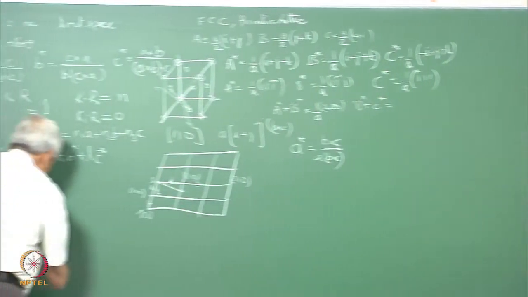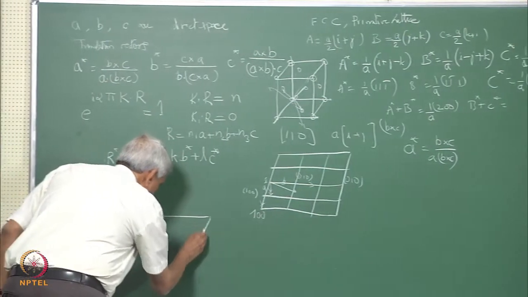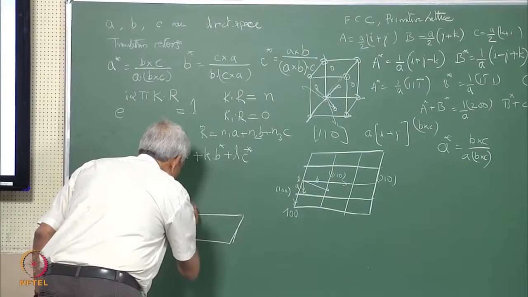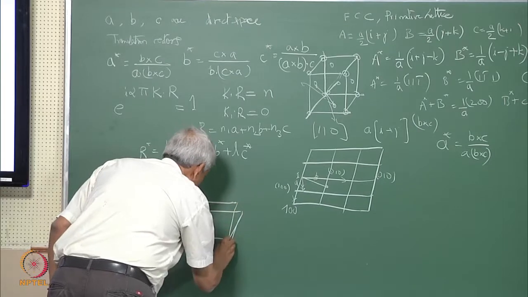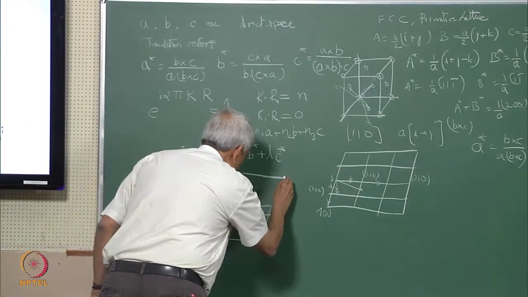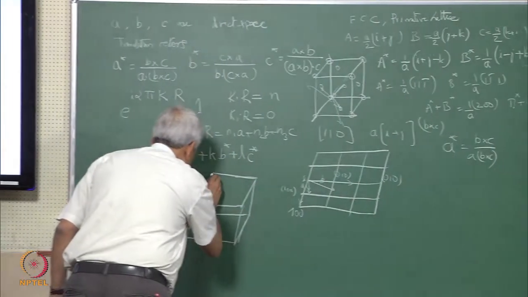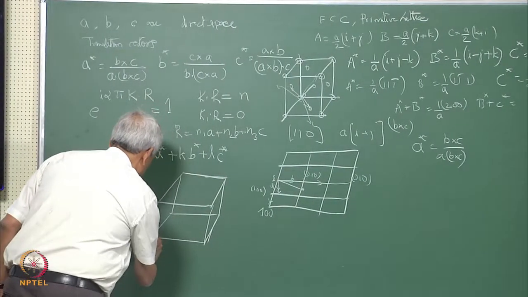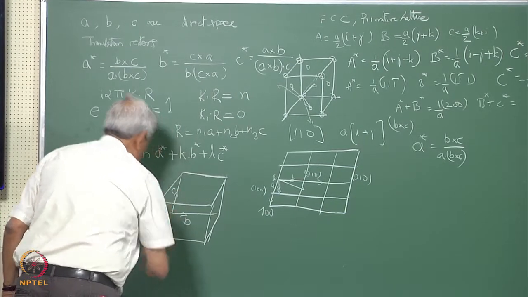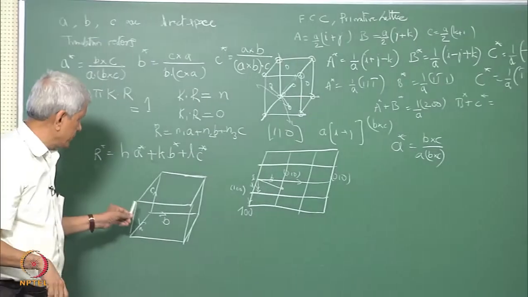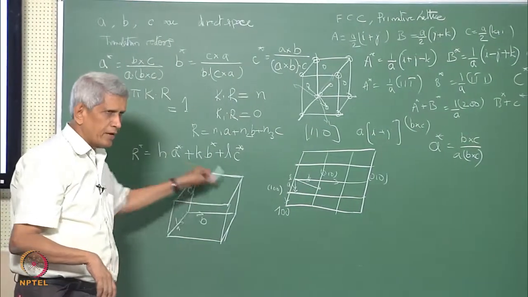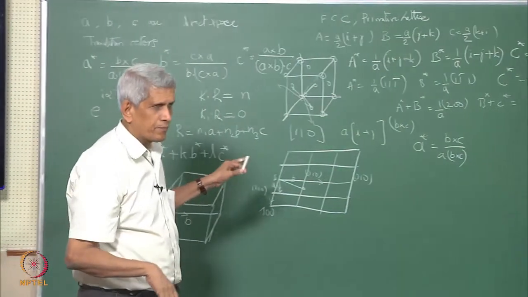If this is A, B, and if you take it C, okay, is it not? So, that is the big area of the plane.